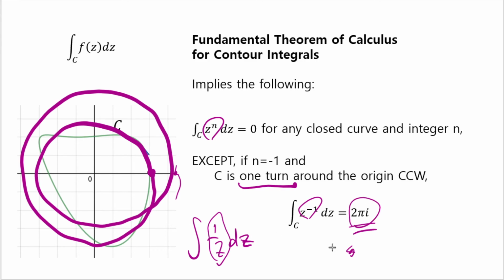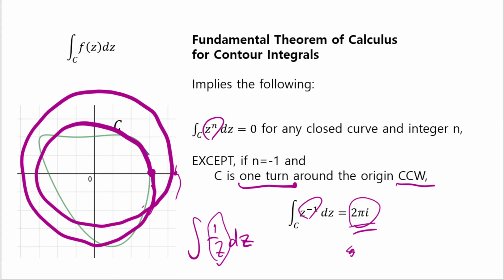This integral value will be 4 pi i. Also, counterclockwise is important. If you go around this curve in the opposite direction, then the value will have a minus sign.